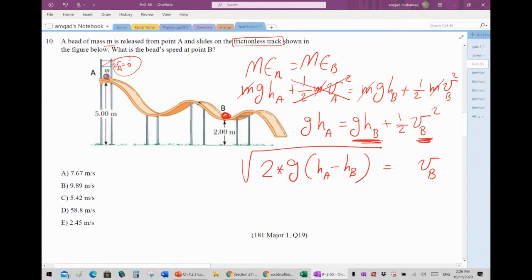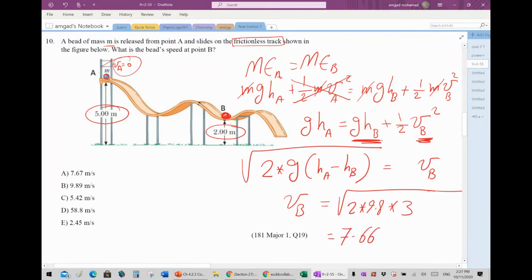So v_B equals root of 2 times 9.8 times (h_A minus h_B). 5 minus 2 is 3. So that's almost 7.66 meter per second. Okay, 7.67. Understand it?